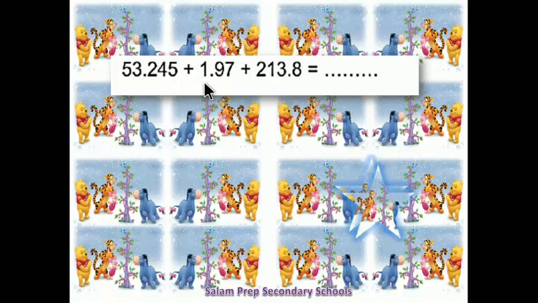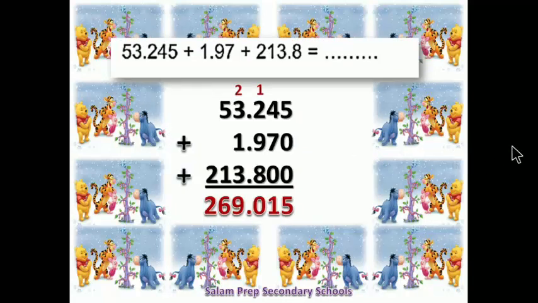53.245 plus 1.97 plus 213.8 equals. Before adding 3 numbers together, we need to balance these numbers by putting zeros to balance decimal numbers. We can solve this problem in vertical way, okay?